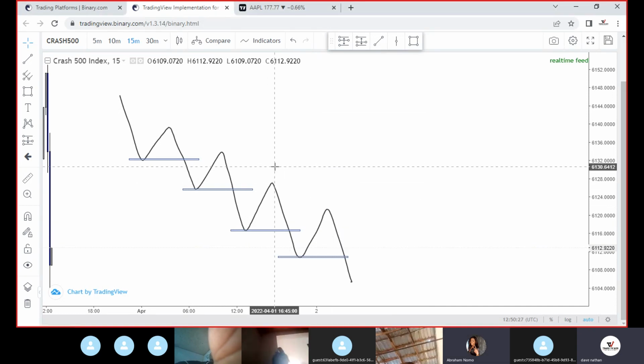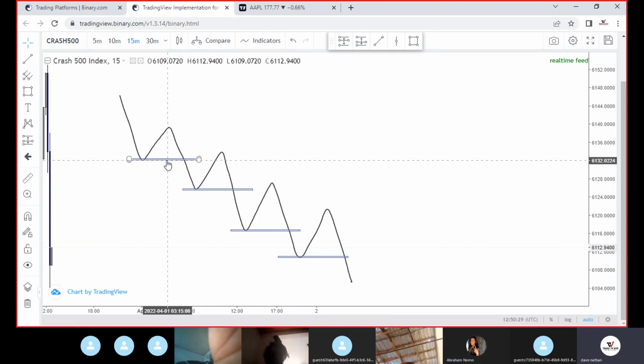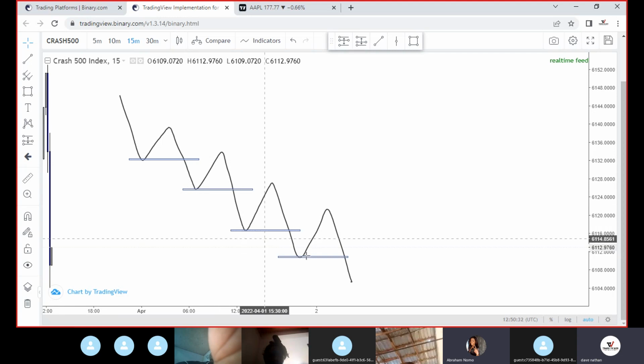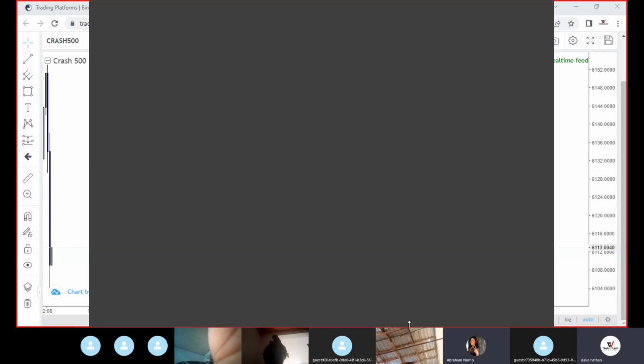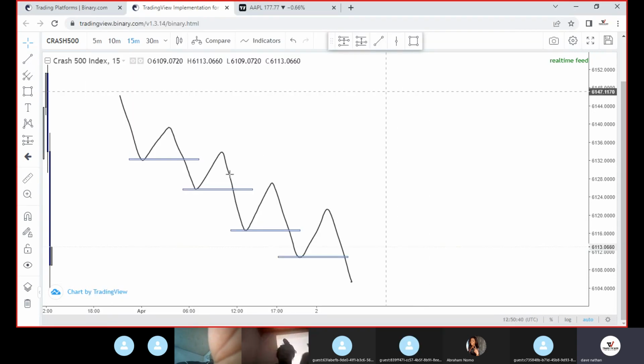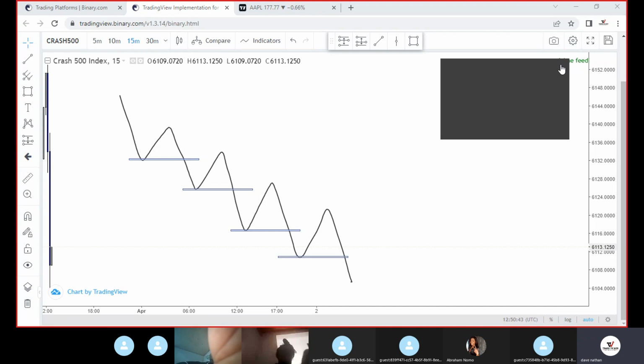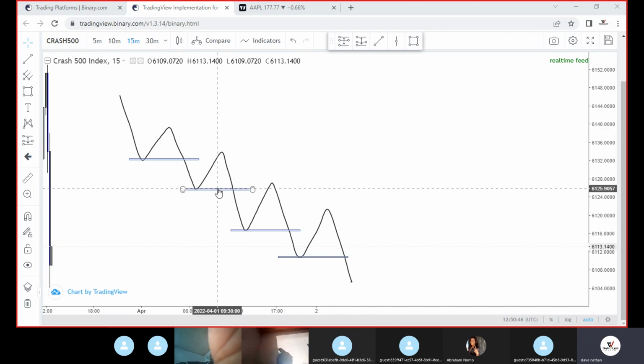Now, this is where it gets interesting. Whenever a support level in a downtrend has been broken, right? Whenever those levels have been broken, all you have to do is mark off those zones that led to the break.